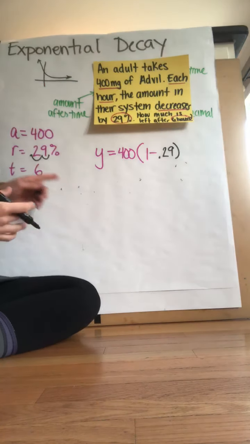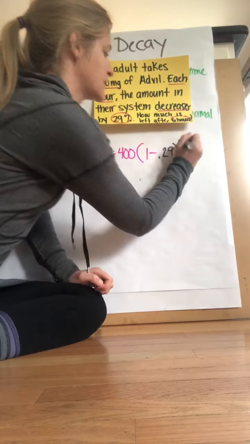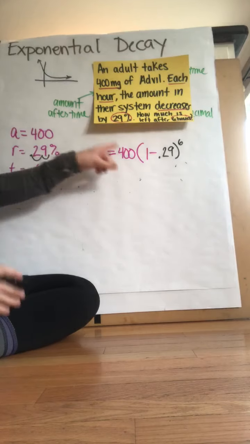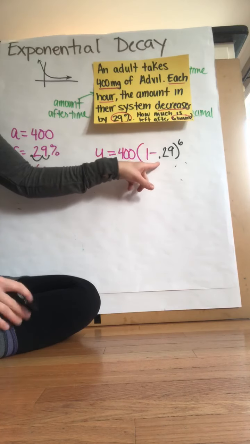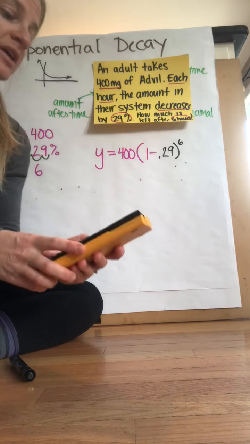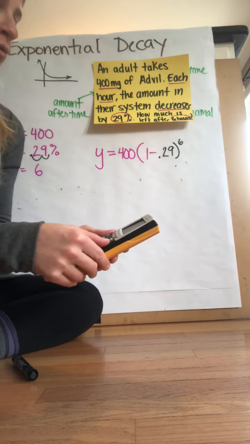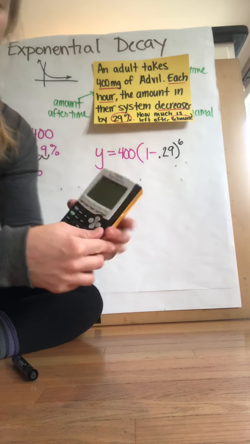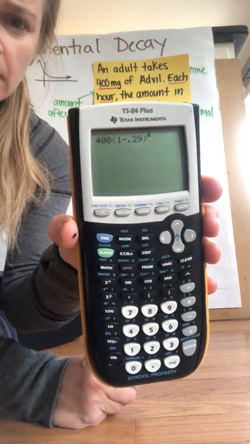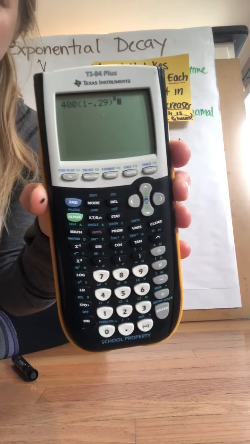And then I'm raising this to the t power, but the t power here happens to be 6. So we've got 400 times 1 minus 0.29 to the 6th power. This gets plugged right into your calculator.